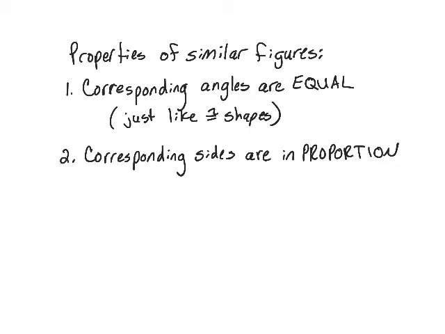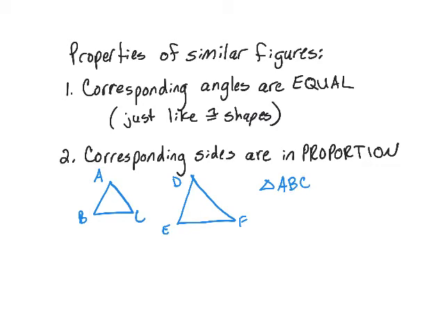And just to show you what I mean by corresponding, if I have triangle ABC, and I'm going to say it's similar to triangle DEF. So I say triangle ABC. If I'm given that triangle ABC is similar to triangle DEF, that does not mean they're congruent. DEF looks bigger.